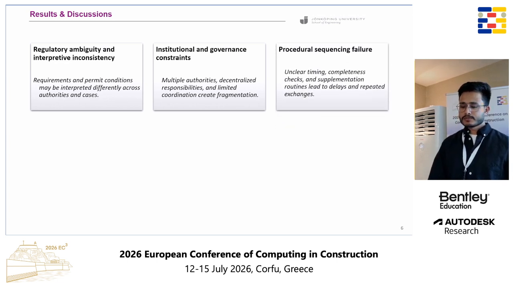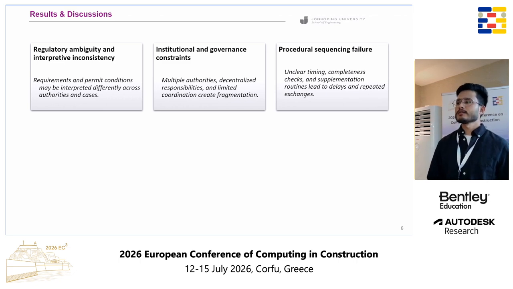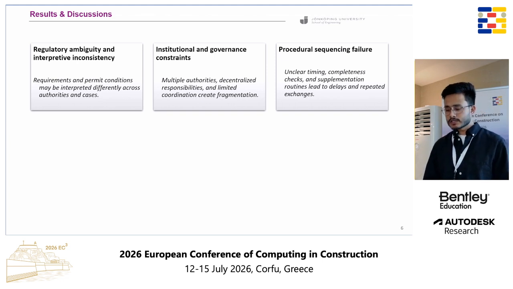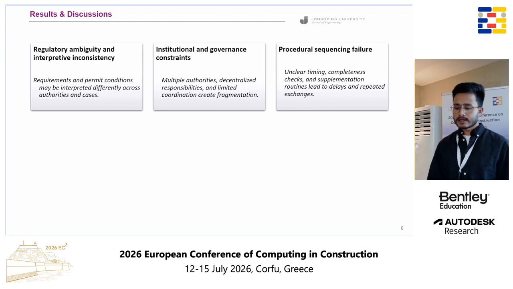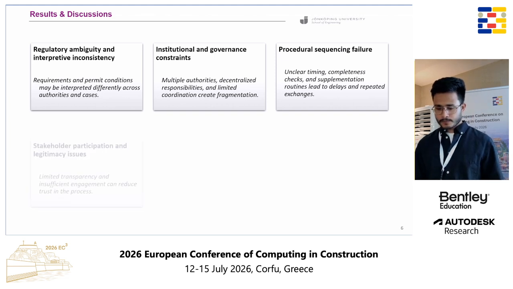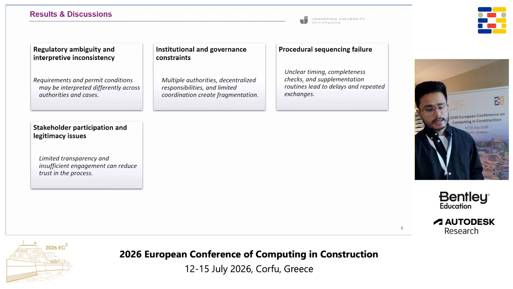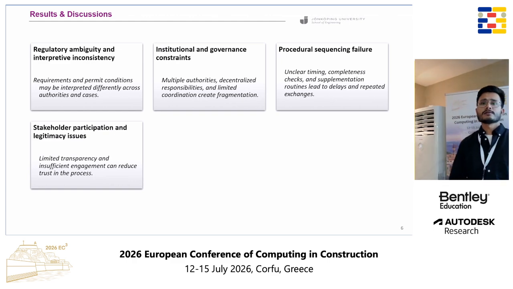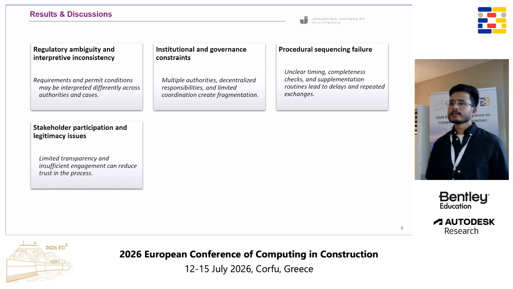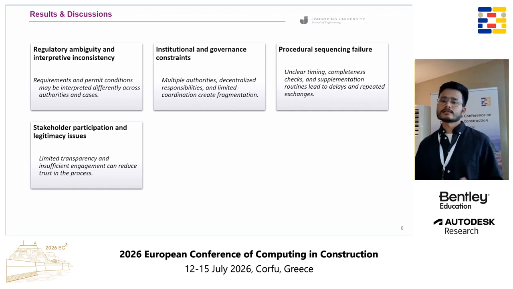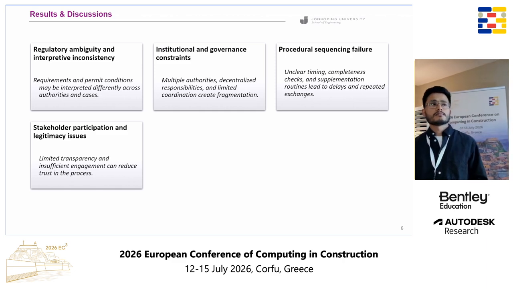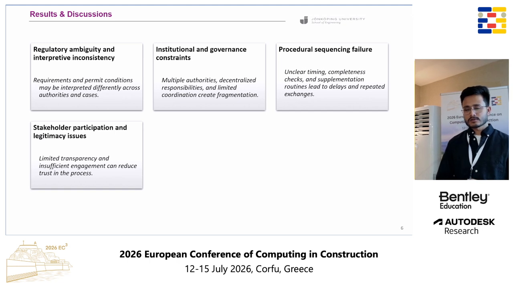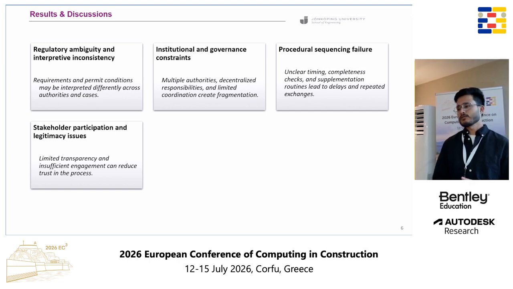The next one is procedural sequencing failure. There are instances where timing is not clear. When the supplementation or completeness review starts is slightly unclear, and so it leads to delay and repeated exchanges. Then stakeholder participation and legitimacy issues. We found that there are stakeholders who say that the impact assessment is not quite clear, and it is not quite transparent.